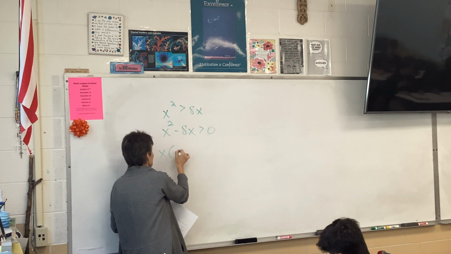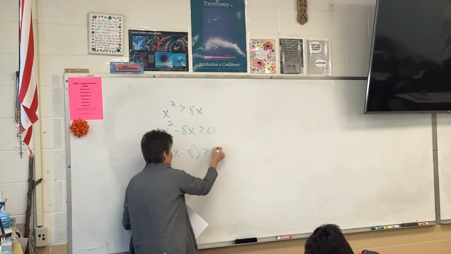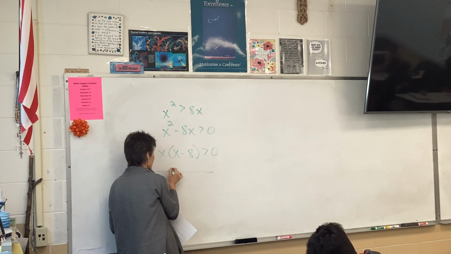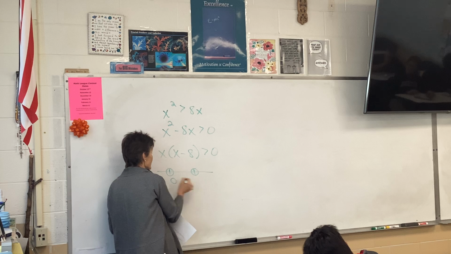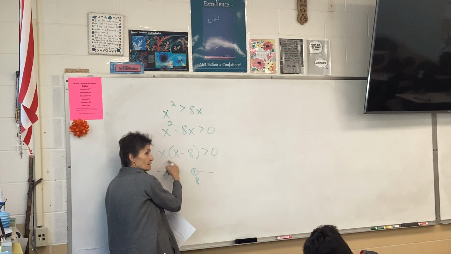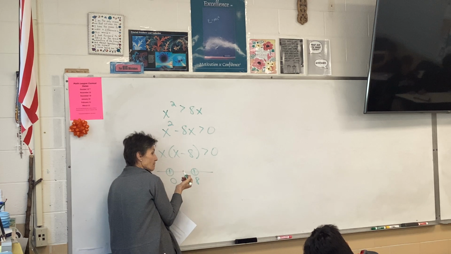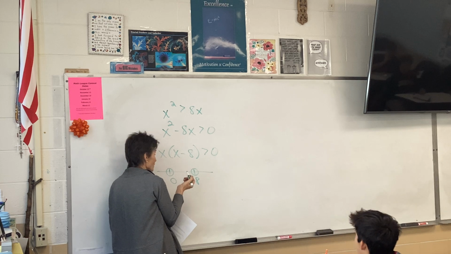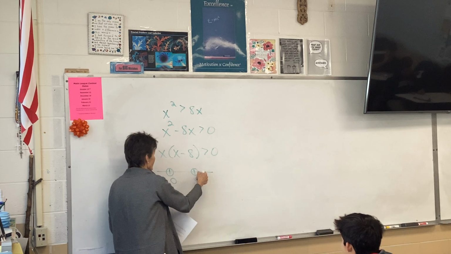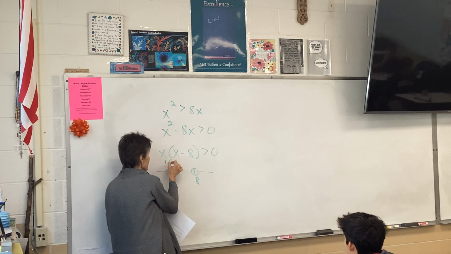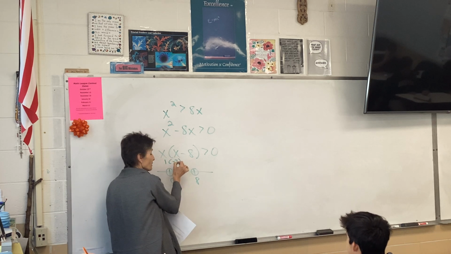Take out an x. Go to my number line. x can be 0 or 8. And then pick a number to decide where it should be shaded. 1. All right, I can try 1. So 1 times negative 7.